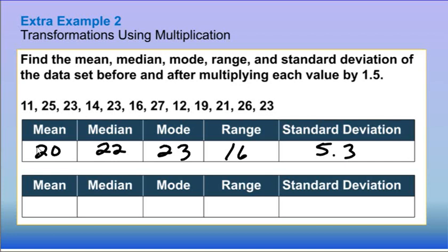Now, if I were to multiply all those by 1.5, 20 times 1.5 would give us 30. 22 times 1.5 would give us 33. 23 times 1.5 would give us 34.5. 16 times 1.5 would give us 24. And 5.3 times 1.5 would give us 7.95.